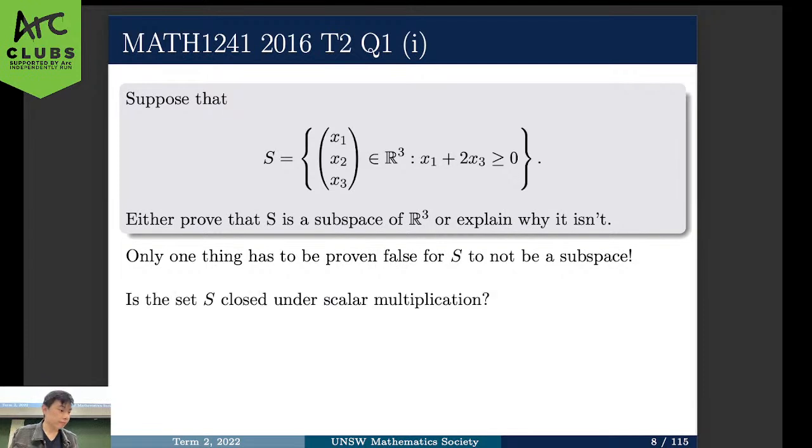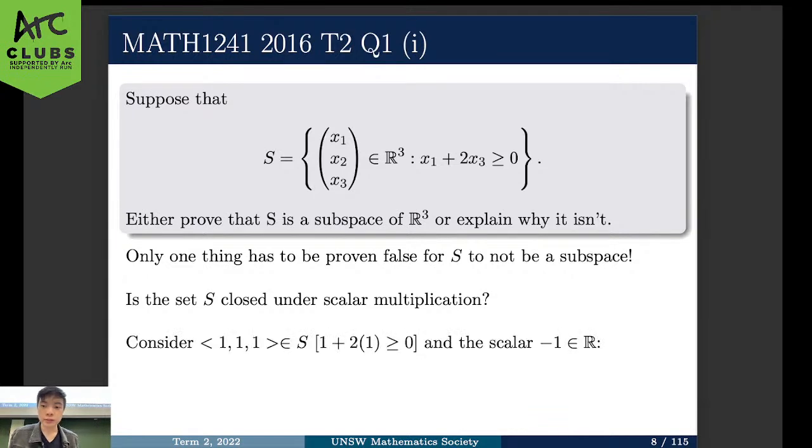So in this case, is S closed under scalar multiplication? The answer is no. So what we can do is, to prove something wrong, we consider an example where it breaks. So we can consider this vector right here. We know it's in the set because the condition works for it. And then we can also take a scalar.